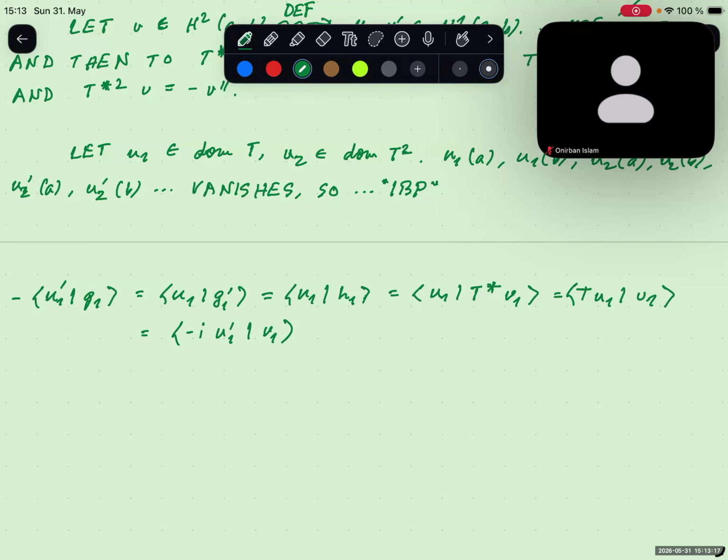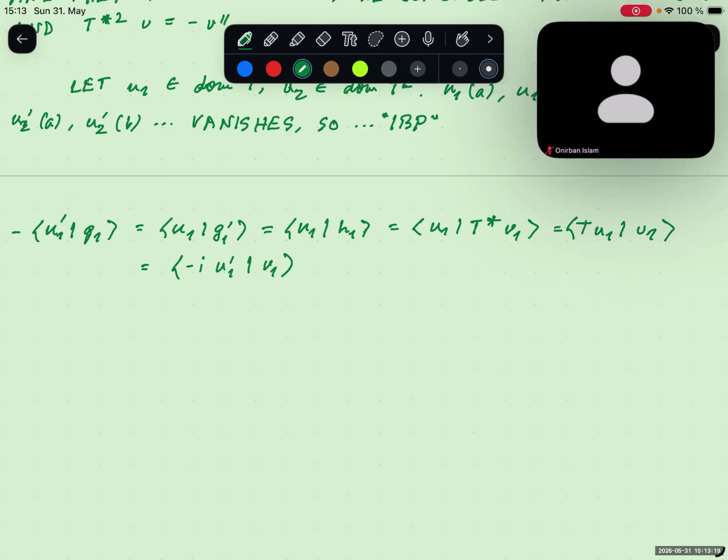Okay, and similarly we also compute u2 double prime inner product with g2. So again, same game.